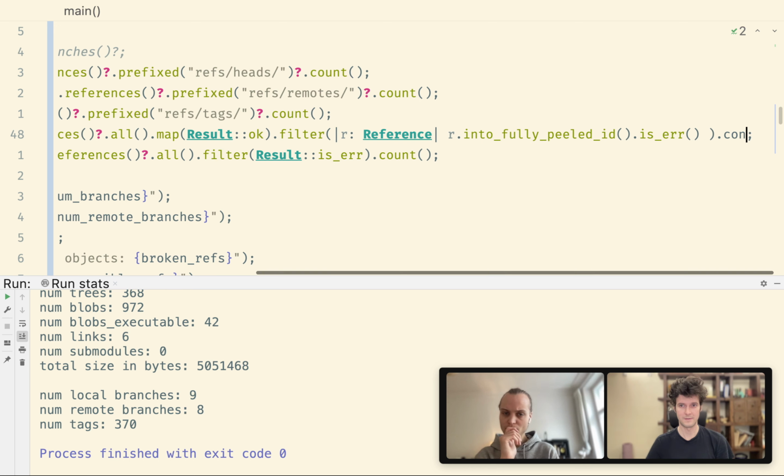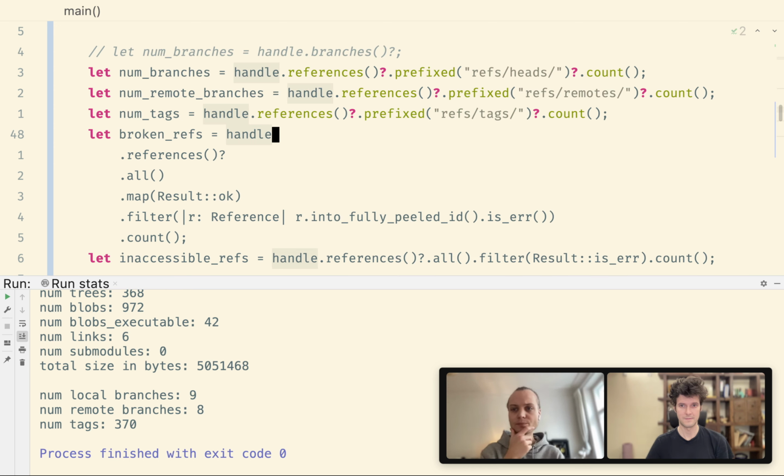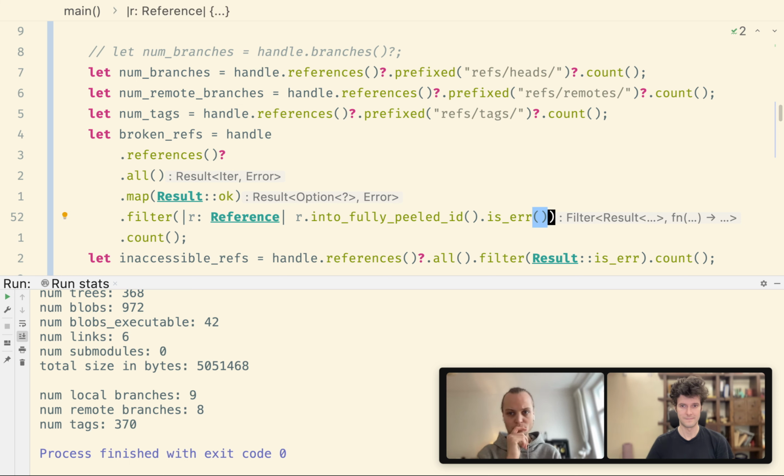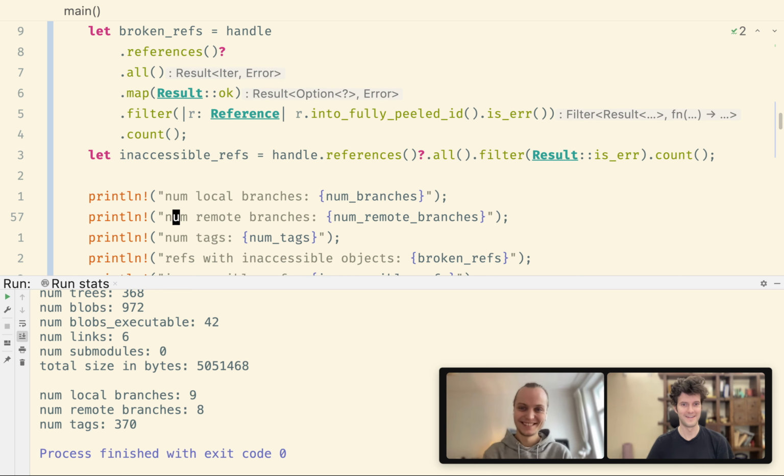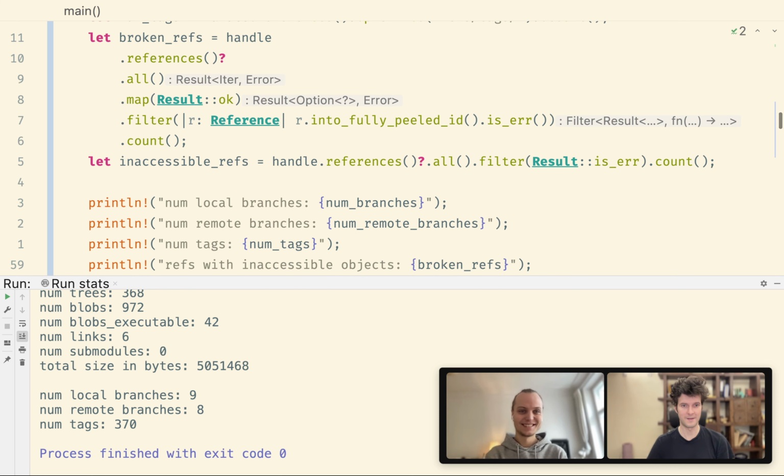And then it's a count. Makes sense, or are there questions? No, it makes sense, yeah. Okay. Let's see. I would expect 1 to show up here. If it compiles, and it does not. Okay.